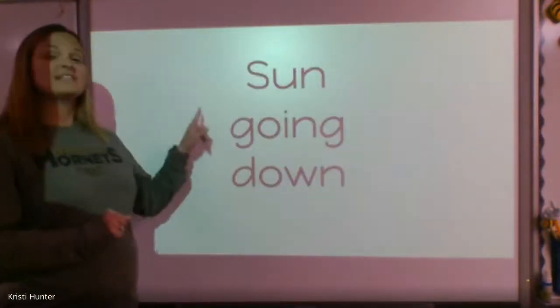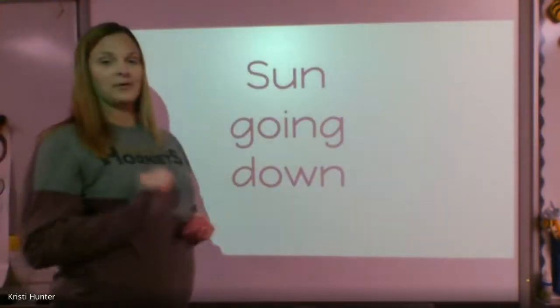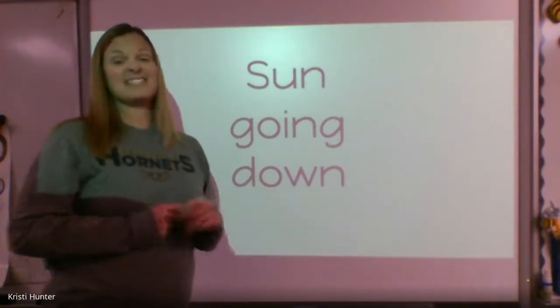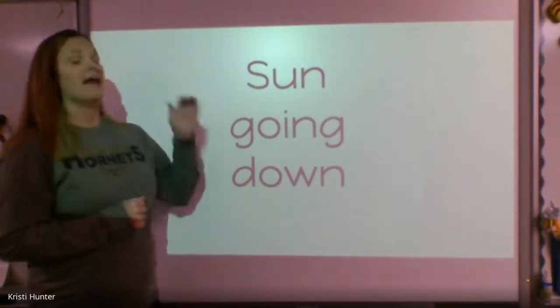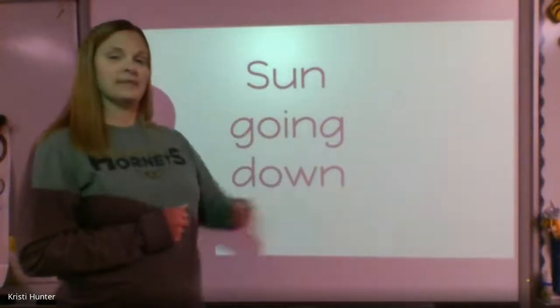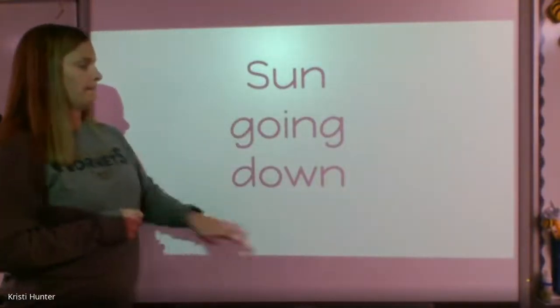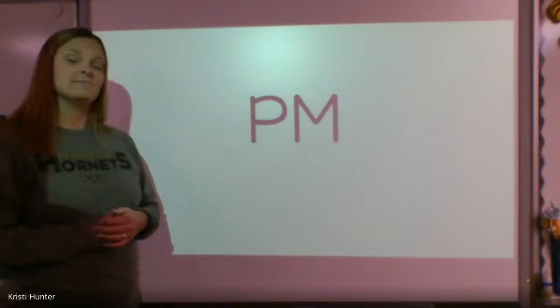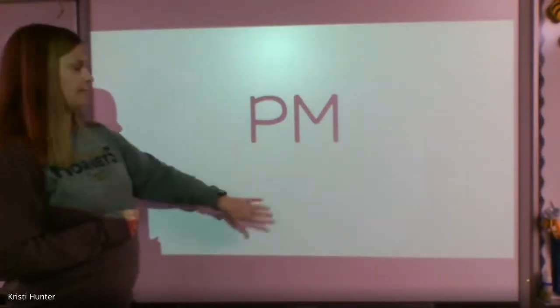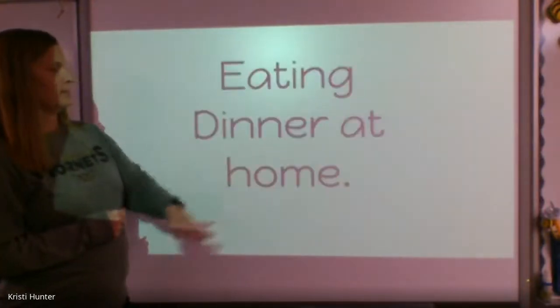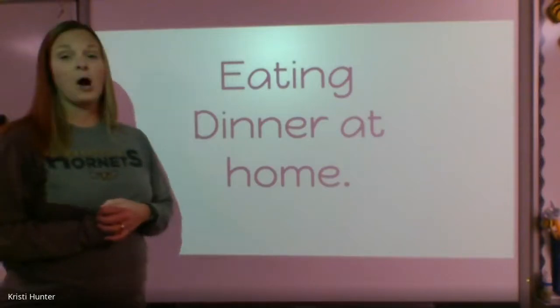How about the sun going down? So when the sun goes down, sunset, is that AM in the morning or PM in the afternoon or evening? That would be PM. That would be the afternoon time. Right? How about eating dinner at home?